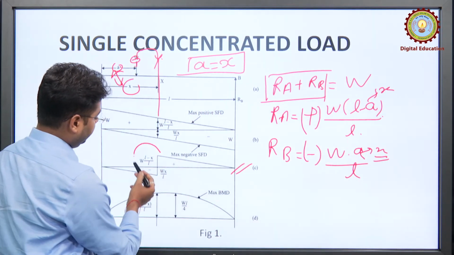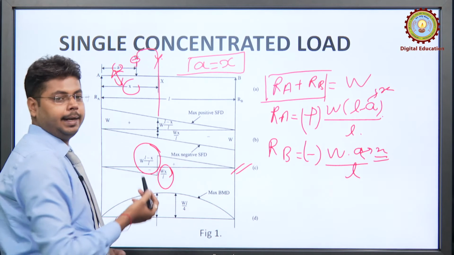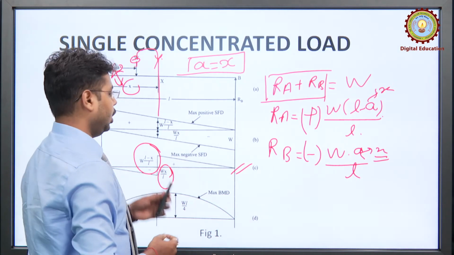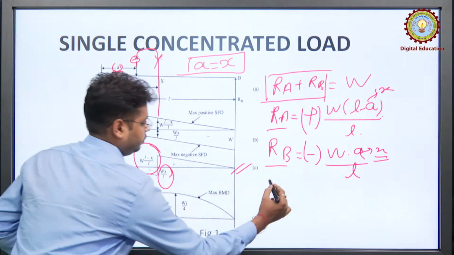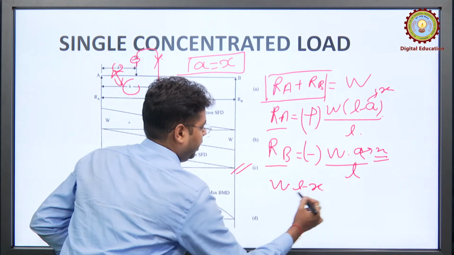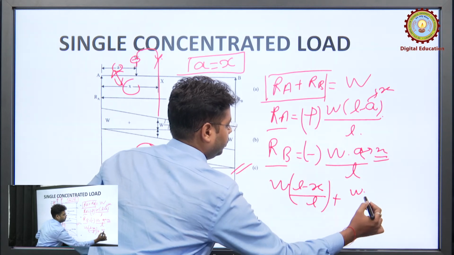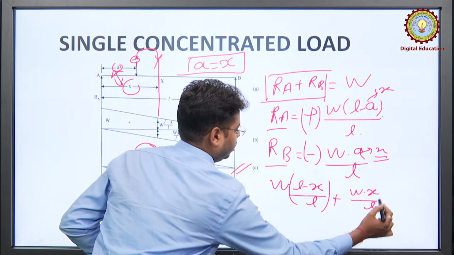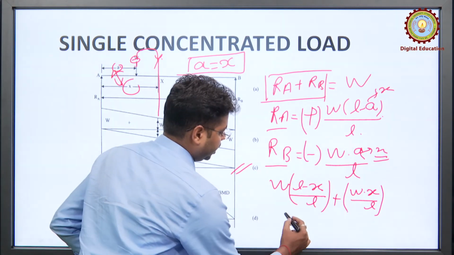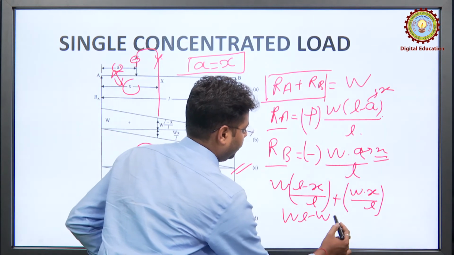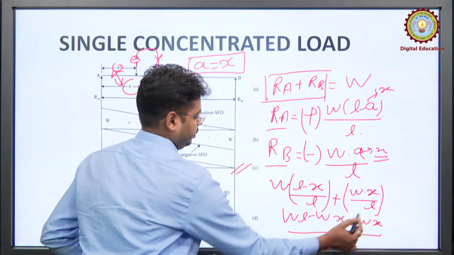We will get W L minus x upon L, and the second value is W x by L. Now we can add these values, and the ordinate will come as W into L minus x upon L plus W into x upon L. Add these two ordinates, and what will the value come? Just see here, WL minus Wx plus Wx upon L.